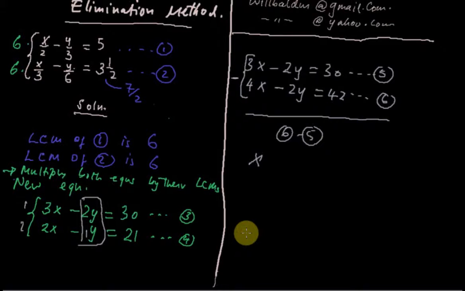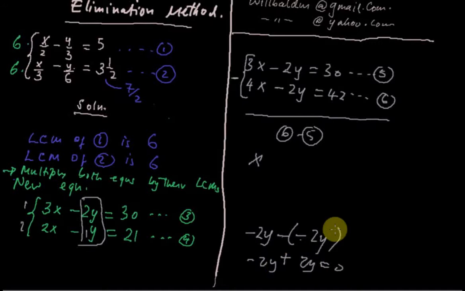I write it here, and I'm going to wrap minus 2y, the whole thing, in brackets. Then there is a minus there, and this is another minus, so you have to put that minus 2y. Minus followed by minus becomes positive. So this is going to be minus 2y plus 2y, which is going to neutralize.